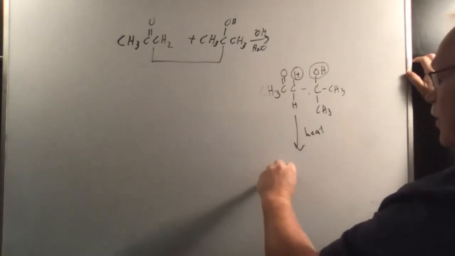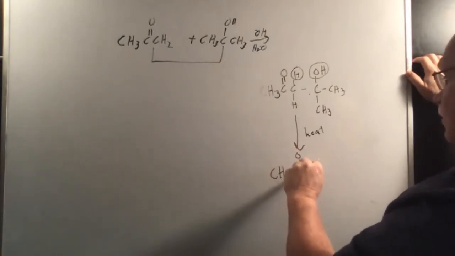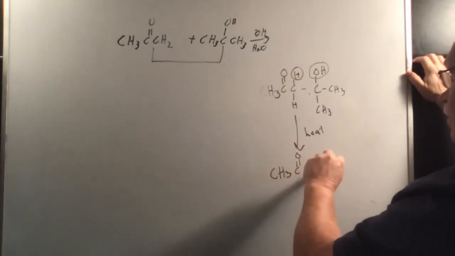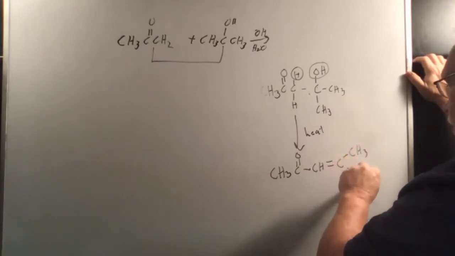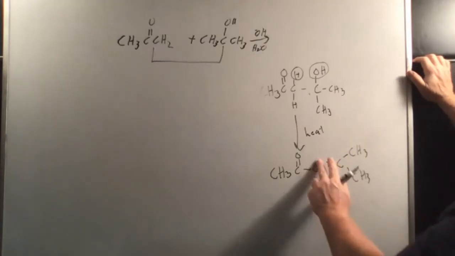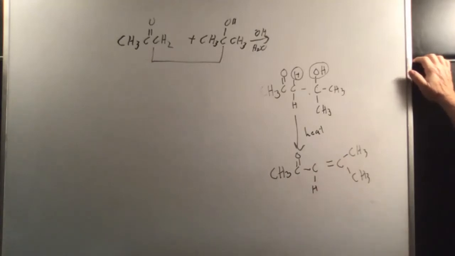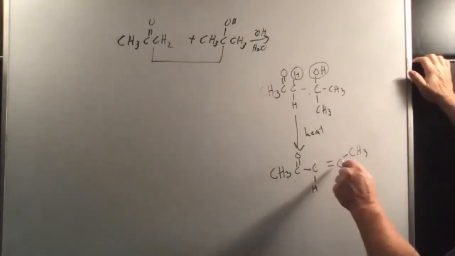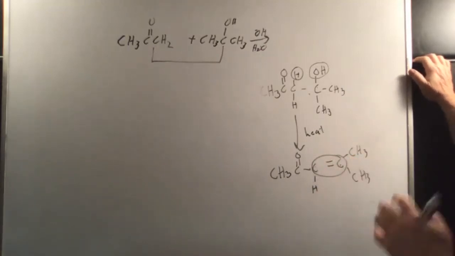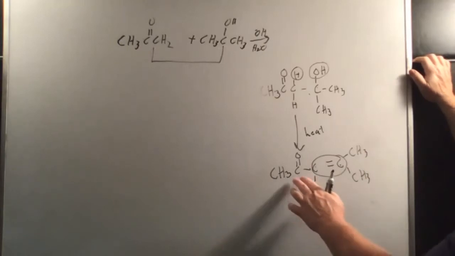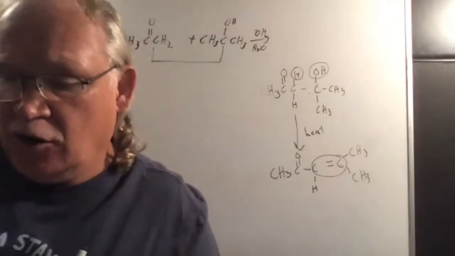And we end up with a compound that looks like this. And let me go ahead and put this H down here to the side somewhere. We said this compound was called an alpha beta unsaturated ketone because the double bond is between the alpha and beta carbons.